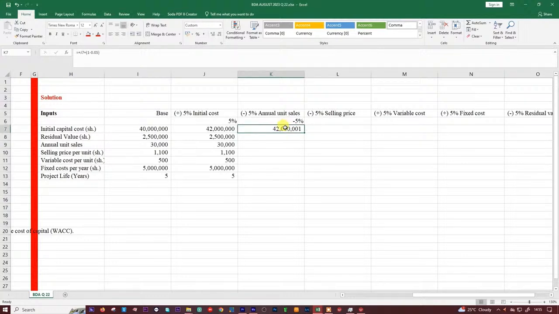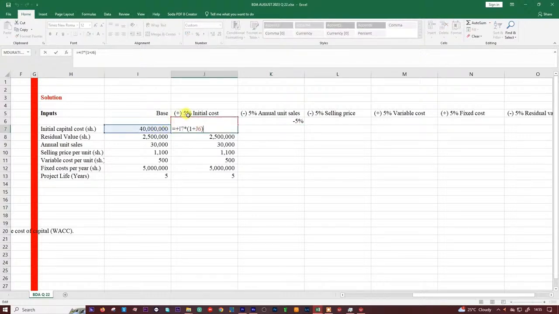We talk about a 5% adverse effect, because if we increased this one by 5%, then decreasing it should take us back to where we actually were before. So it should be just 40 million.